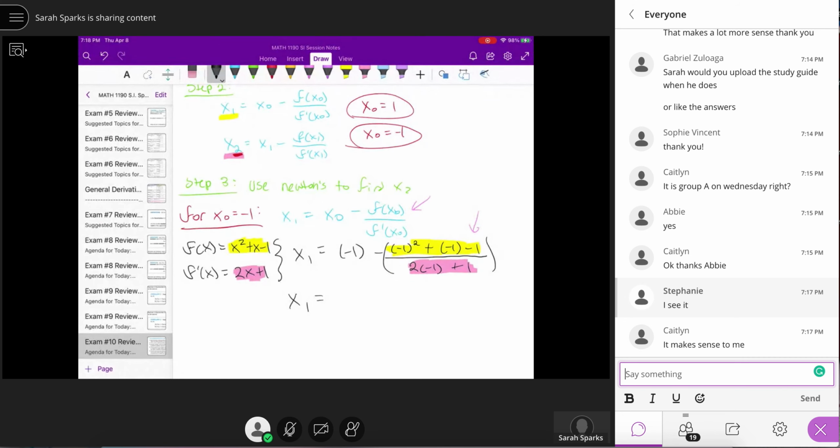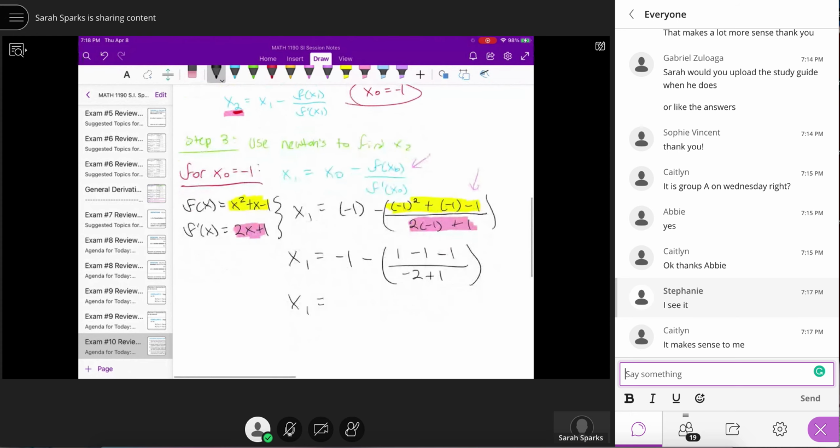All right, so we're going to simplify. We have x1 is equal to -1 minus, and simplifying that top part, we have 1 minus 1 minus 1 over -2 plus 1. So x1 is going to equal -1 minus, and then we get -1 on top and -1 on the bottom.